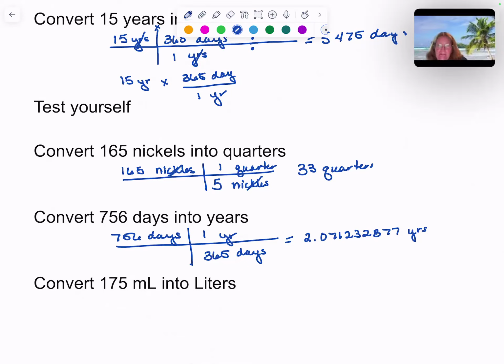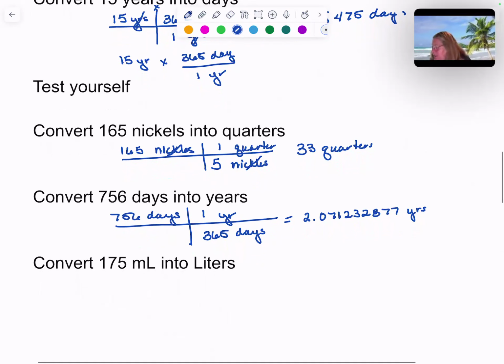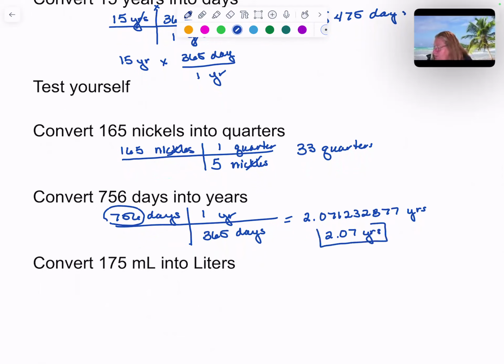Yes, it is mathematically correct, but it's not really significant. And one of the keys to thinking about significant figures, which we will get into in detail later, is always look at your given. This has 3 digits, so for good practice, we're probably going to need 3 digits in our answer, and my students would have written this as 2.07 years. And then I always make my students box it so we can see what their final answer is. So you'll see me do that quite often.